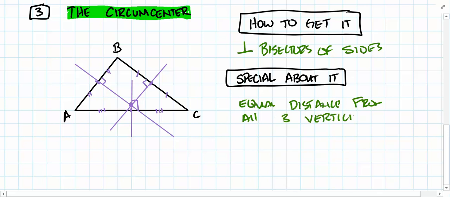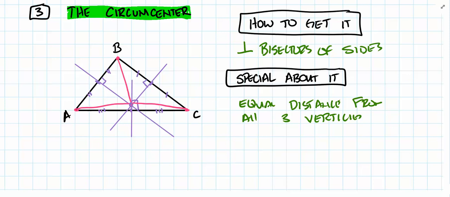That means, I'll do this in a nice red color, the distance from there to there is the same as the distance from there to there. That's the same as the distance from there to there. If all of those are the same, they create the radius of a circle, and therefore I can connect all of these with a circle around it, like this.